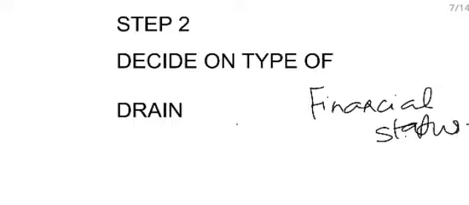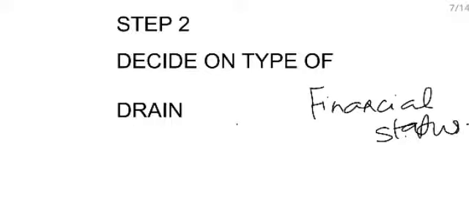Now decide on the type of drain. The drain can be a surface drain, subsurface drain, open drain, closed drain, or based on the type of pipe and lining we use. All this depends on factors like financial status.